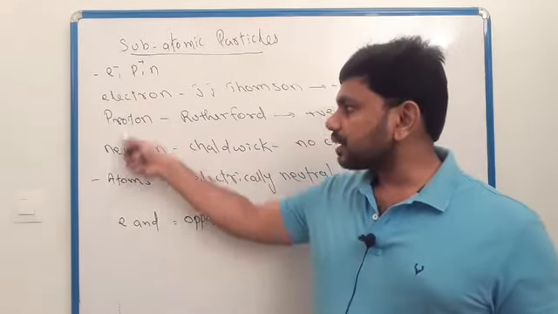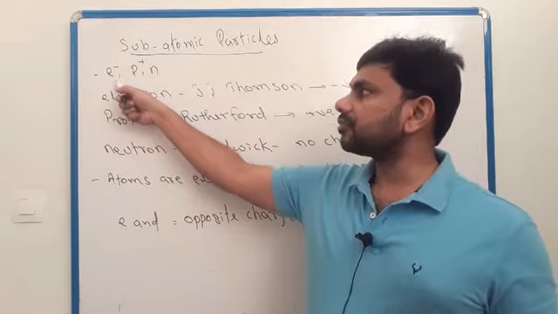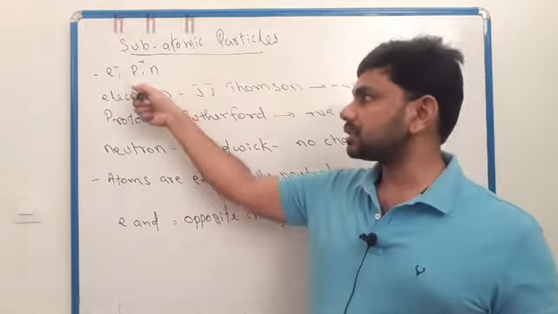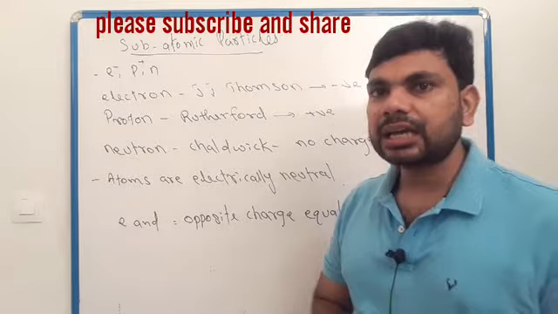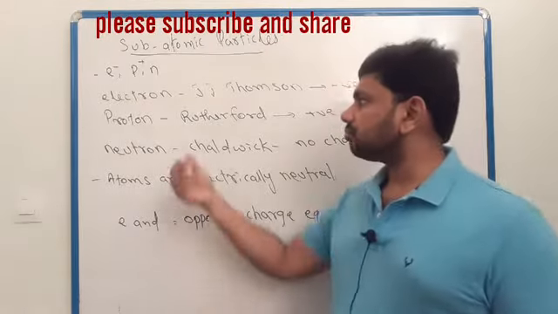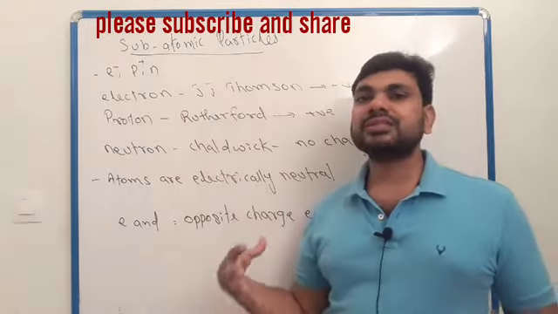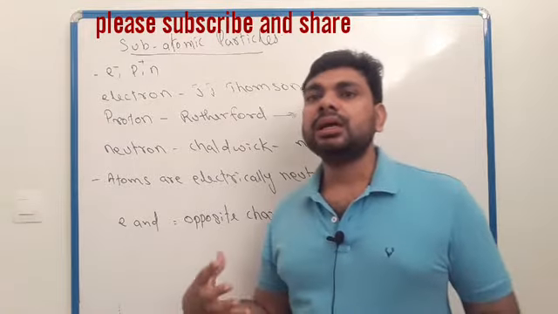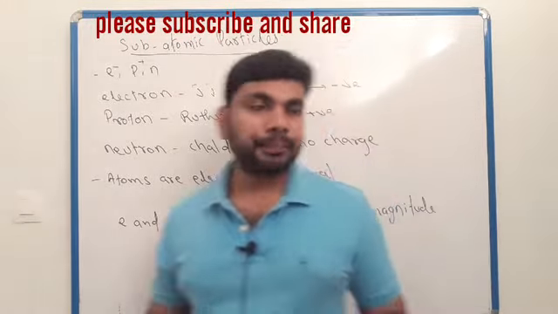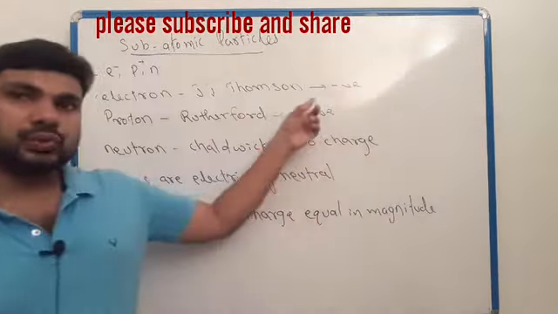So these are subatomic particles and we can represent them like this. Electrons were discovered by J.J. Thomson, and electrons have negative charge.